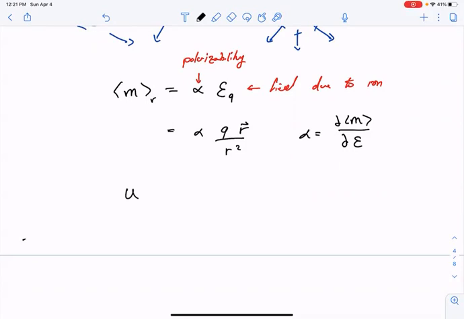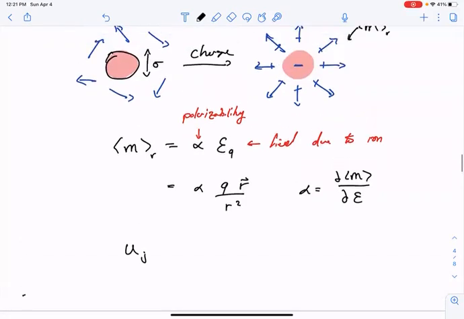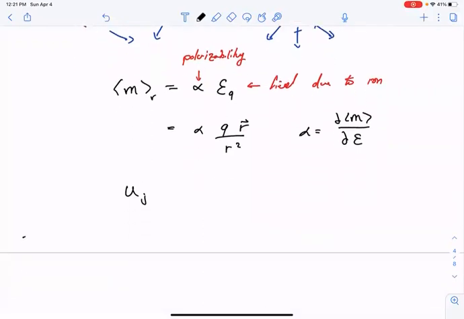So the energy or the potential felt by the electron due to the polarization field generated by the dipoles, excuse me, is minus Q, the dot product of that dipole field.